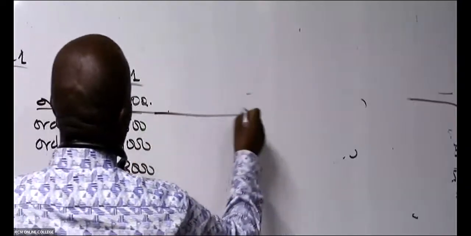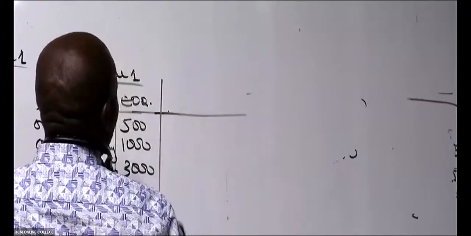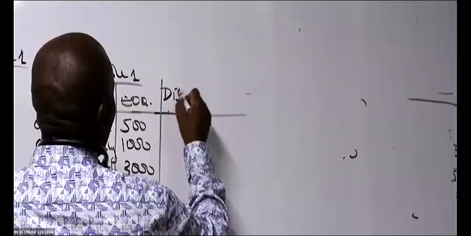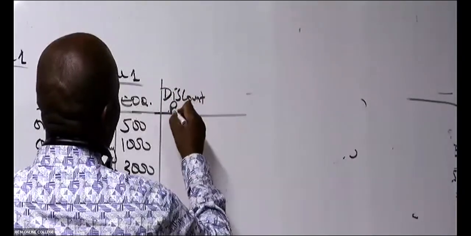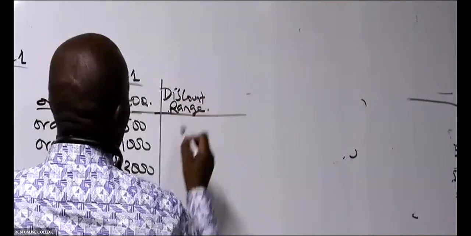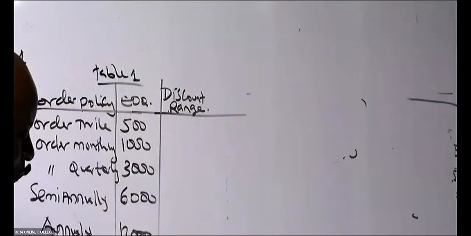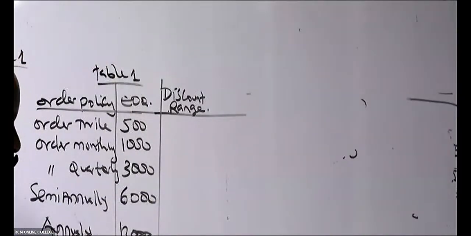So give me, in this case here, the discount range. Like the first one will fall under 1. It is ascertained that the purchase price per unit of X is 500 for deliveries up to 2,500.